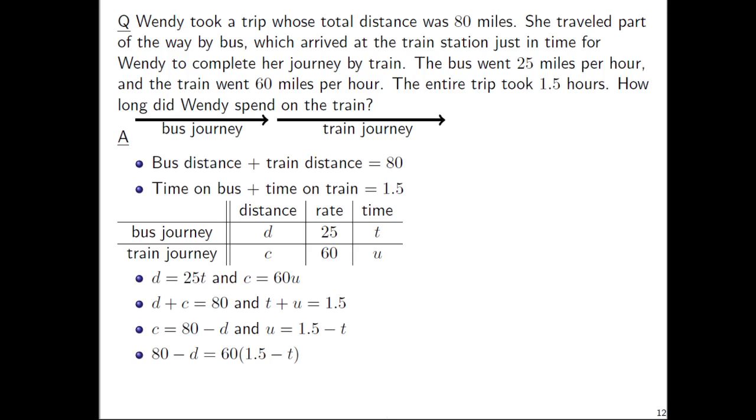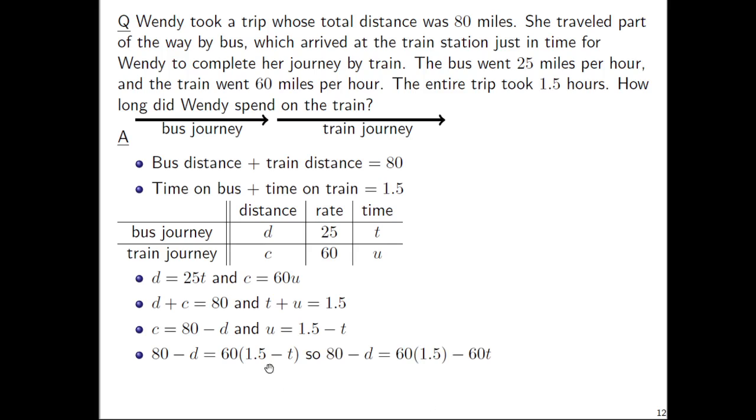And then we can take 80 minus D. So we can take this equation, there's lots of options, but we can take C equals 60U and replace the C with 80 minus D, so that's what's on the left side, equals, copy the 60, and then the U that appears in 60 times U, replace the U with 1.5 minus T, of course in parentheses.